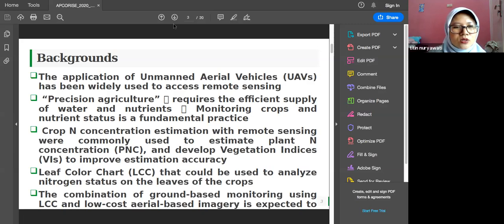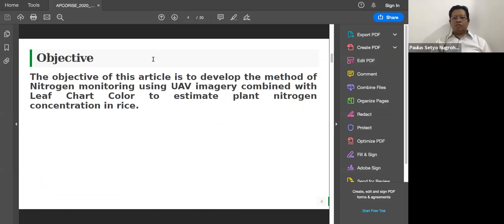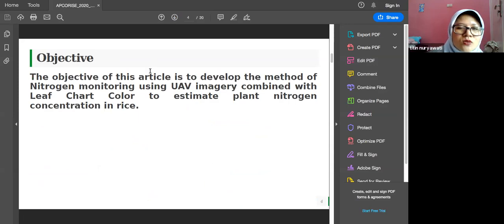Then we try to use a combination of ground-based monitoring using the LCC and low-cost aerial-based imagery using UAV. It's expected to provide new opportunities for Indonesian agriculture. Next, please. The objective of this article is to develop a method of nitrogen monitoring using UAV imagery combined with the leaf color chart to estimate plant nitrogen concentration in rice.